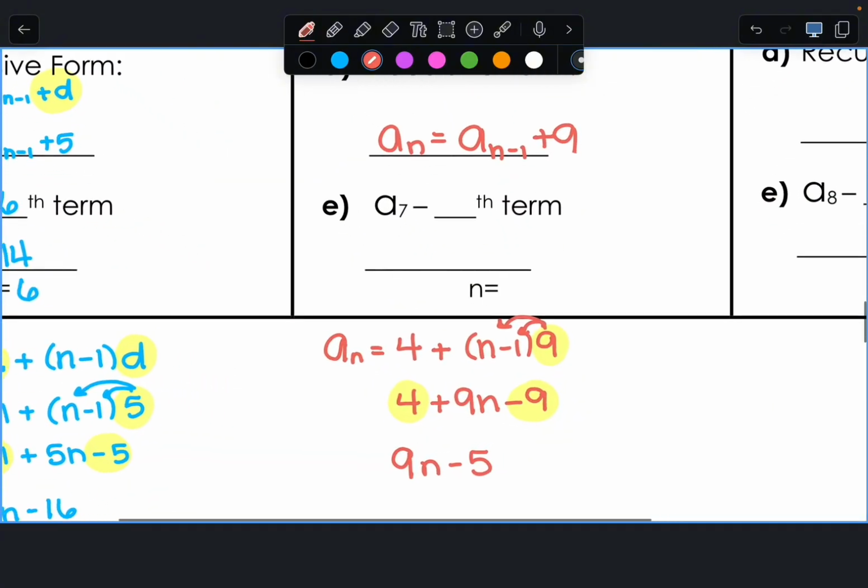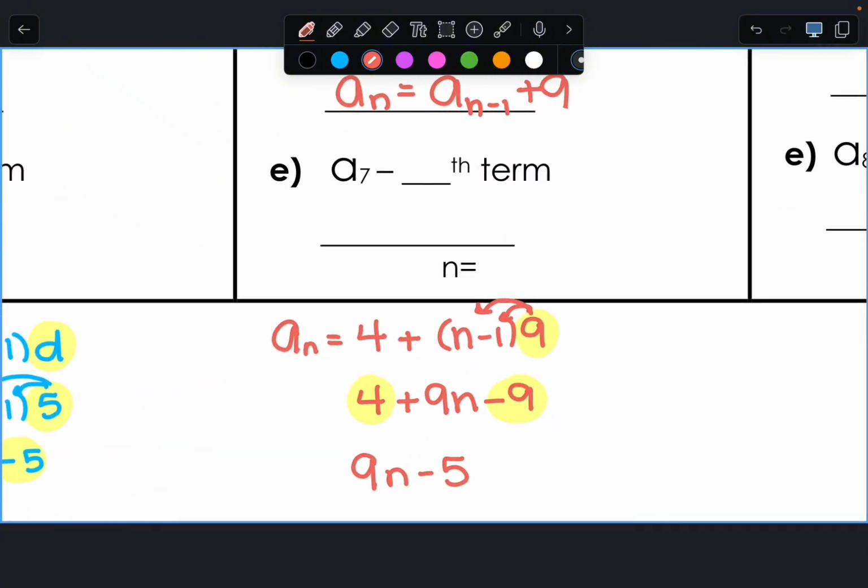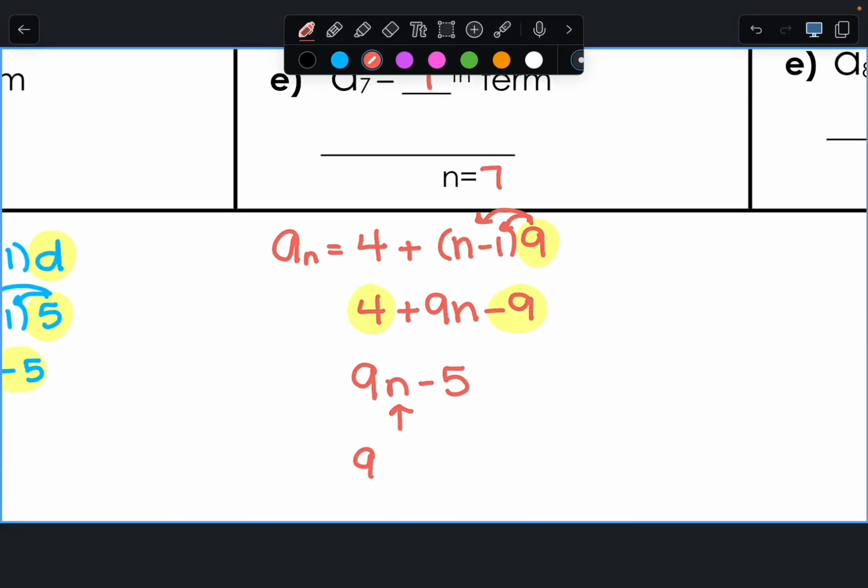All right, a sub 7 is asking us to find the 7th term, or plug in a 7 where you see the n. So 9 times 7 minus 5. What do you get? 58. Don't say 53. 58.